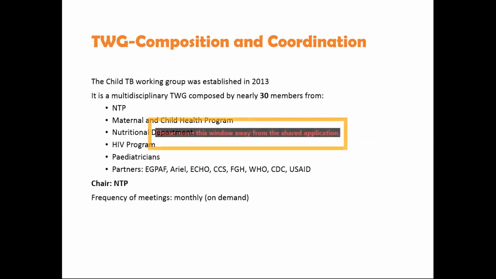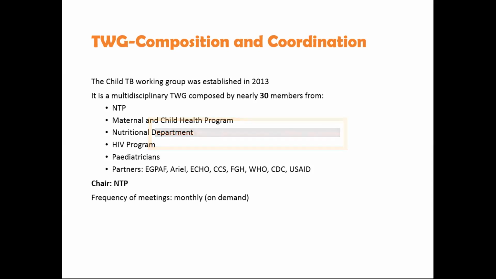The chair is NTP, normally the childhood focal point, and the meeting takes place monthly, and according to our annual plan, we can meet weekly or according to our necessity.